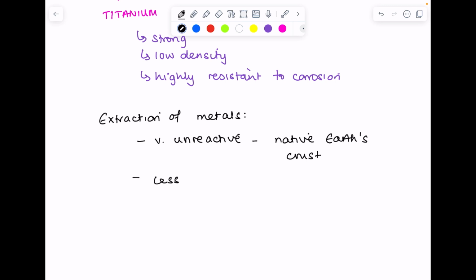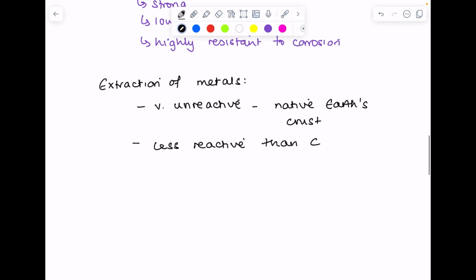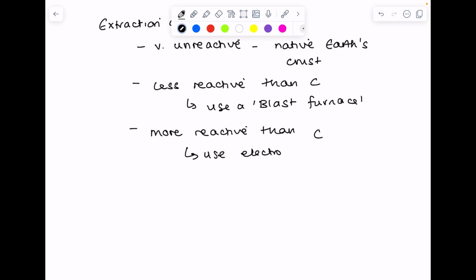If the metal is less reactive than carbon, then you can basically use a blast furnace, such as in the case of iron oxide, and you use carbon monoxide to reduce that iron oxide to make iron. And then if it's more reactive than carbon, then you have to use the expensive electrolysis process, but that's super annoying because you've got high energy costs.